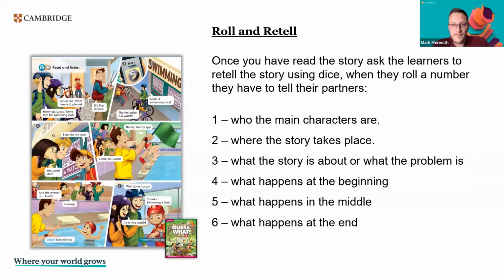If they roll a 2, even better if we're back face to face at the minute, right, Mark? If we've got teachers and students back in a face-to-face classroom, give them an actual dice and get them to play a game like this. So who are the main characters? Where did the story take place? What was the story about? What happened at the beginning? What happened in the middle? And what happened at the end?